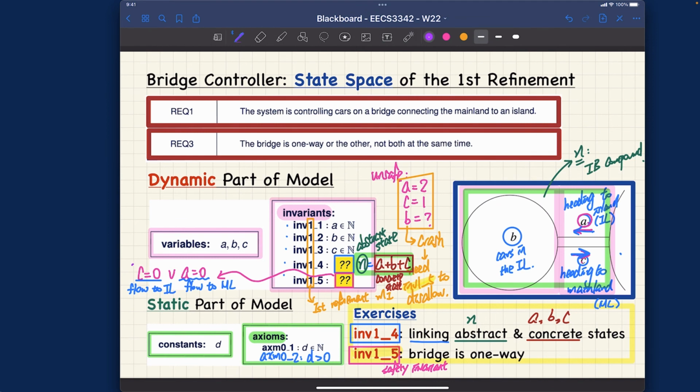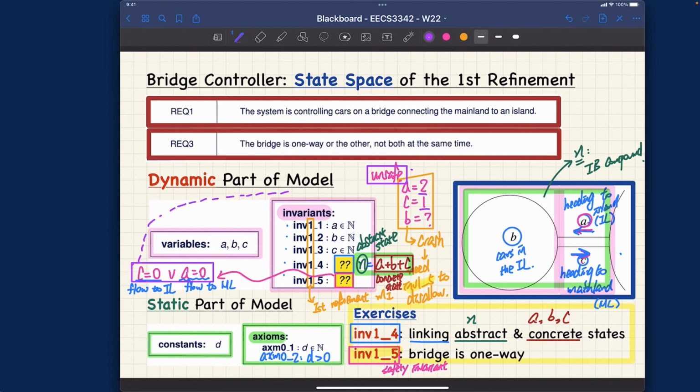This is the solution to invariant number 5. And you can think about the unsafe scenario that we spoke about: the only way is when A is not equal to 0 and C is not equal to 0. In that case, we have traffic in both ways, so this will be the counterexample.